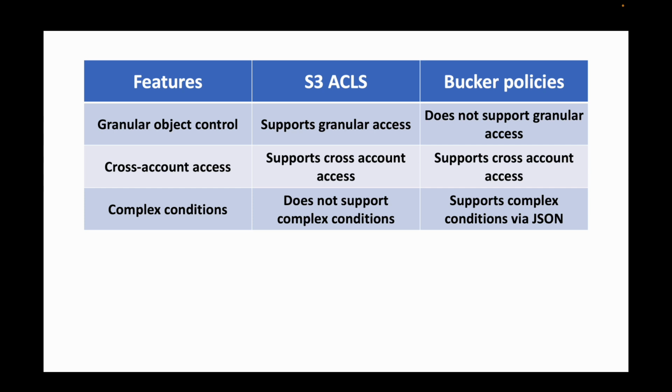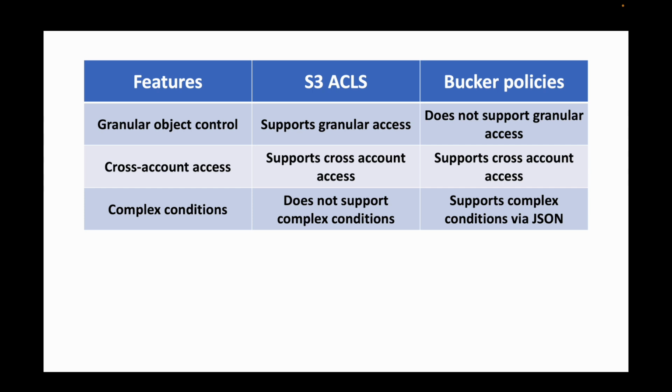Now, I told you that we have bucket policies as well as ACLs. What's the difference between them? When it comes to granular object control, ACLs can be used. They support granular access, but bucket policies do not support granular access. Cross-account access, we can provide both in ACLs as well as bucket policies. For complex conditions, ACLs do not support them. ACLs have a very simple structure, so they do not support complex conditions.